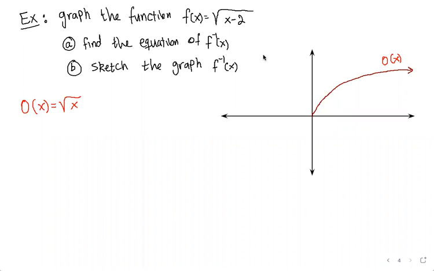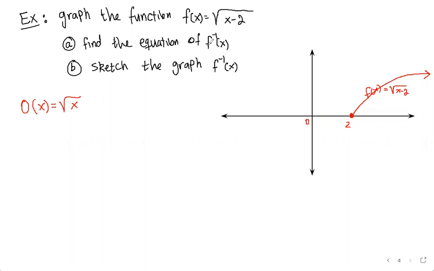This is 0, this is 2, and it goes like this. This is the function f of x. The red one is the function f of x equals square root of x minus 2. So we graph this function.